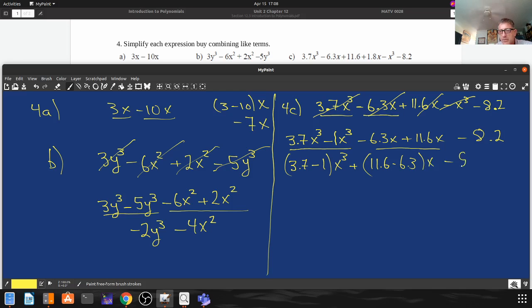Then I subtract 8.2. So 3.7 minus 1 is 2.7 x cubed. 11.6 minus 6.3 is plus 5.3 x. That's the only reason I decided to do this, is because these are pretty easy decimal additions and or subtractions.